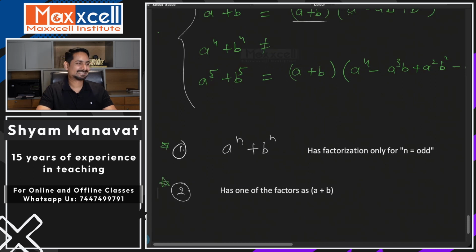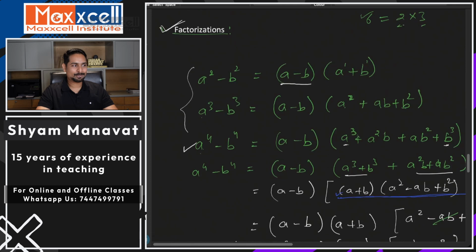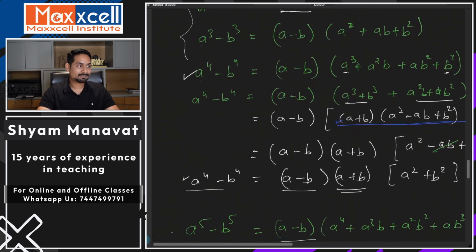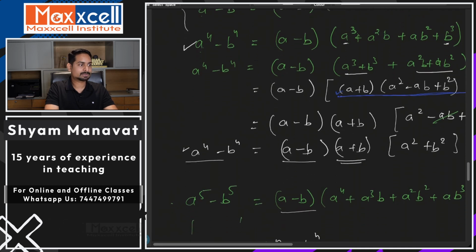So let's conclude. I hope you understood the factorization part. If not, please revise this part of the video. I've made it quite easy for you. If it is a to the power 4 minus b to the power 4, you can further factorize the second factor. You don't have to really follow this part, but the conclusion is important.